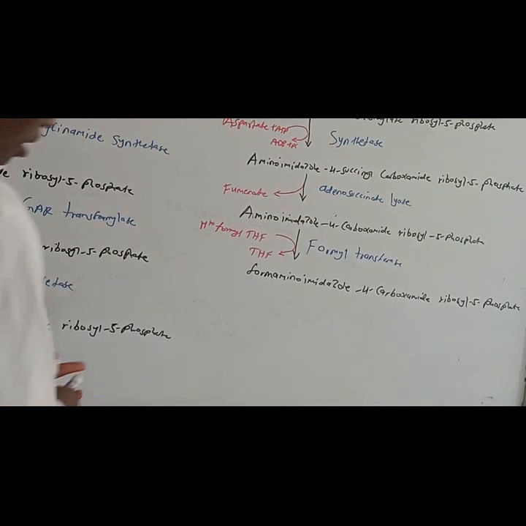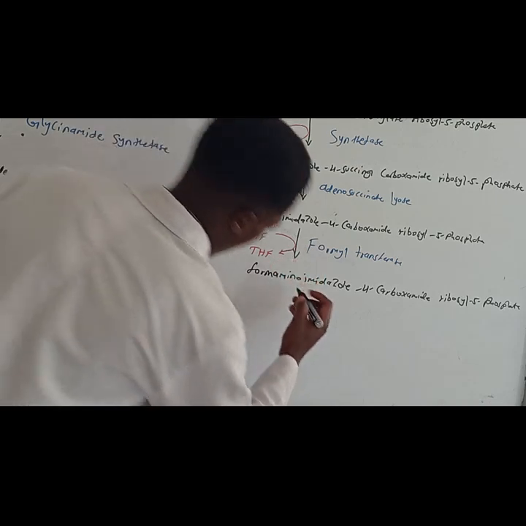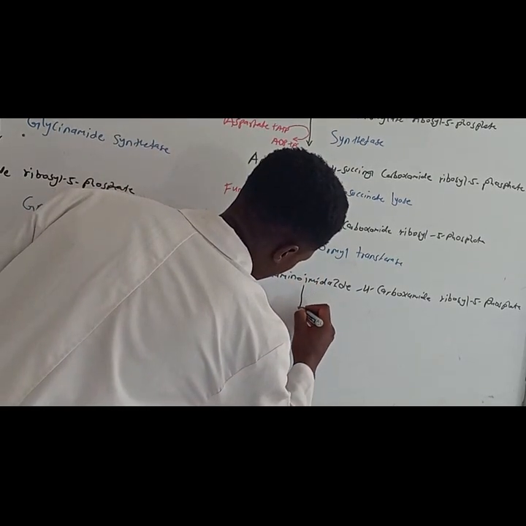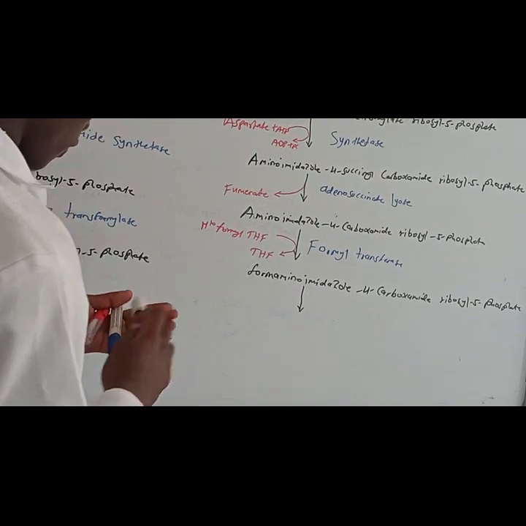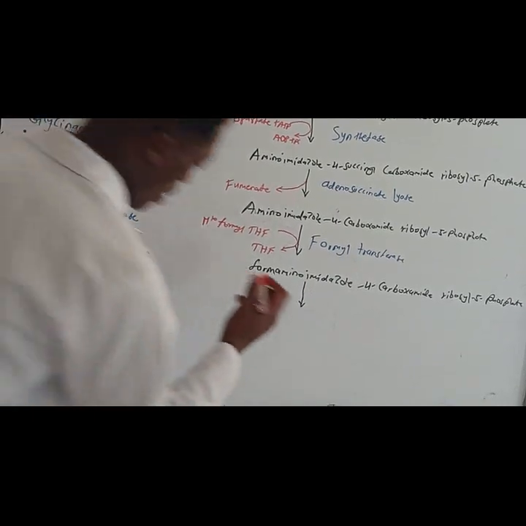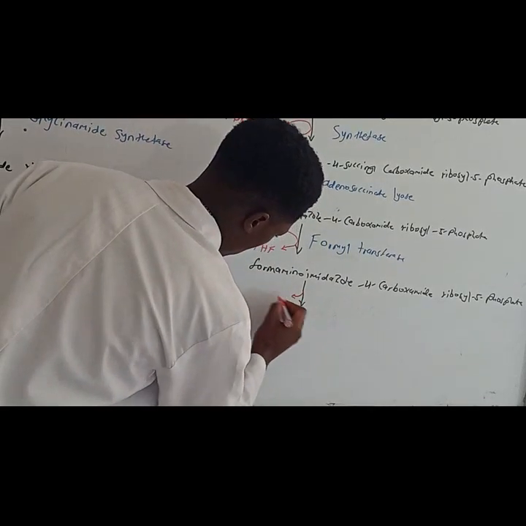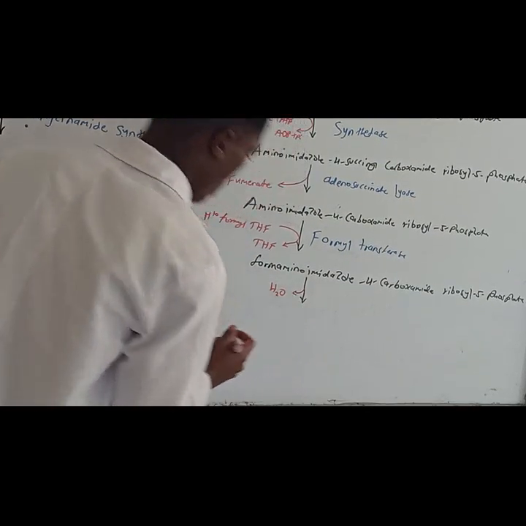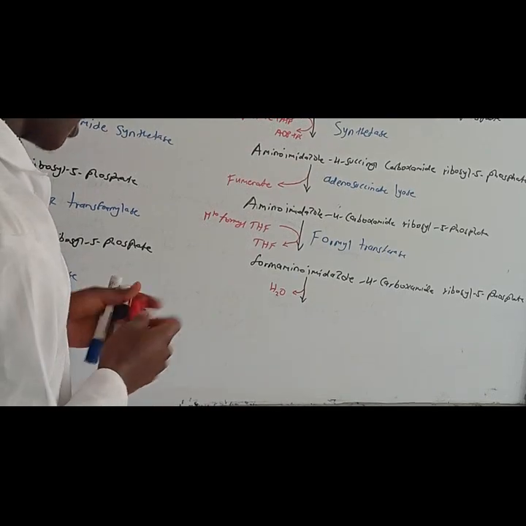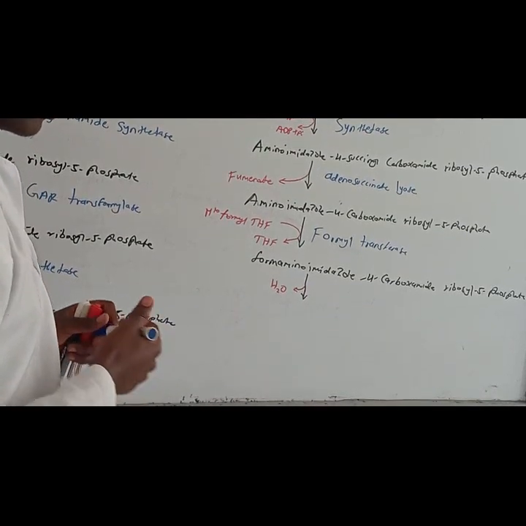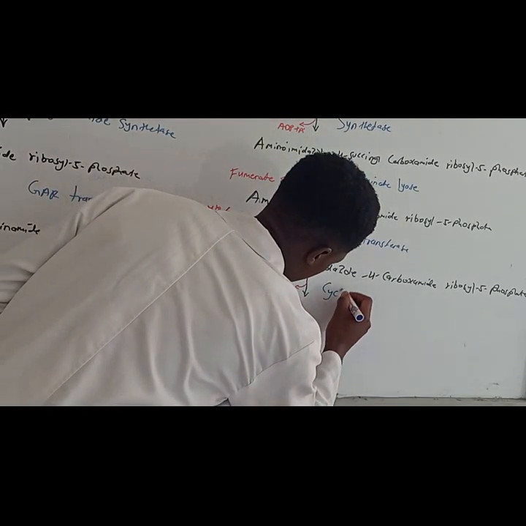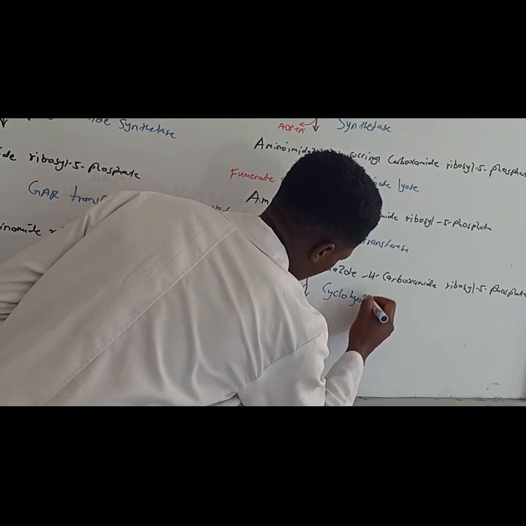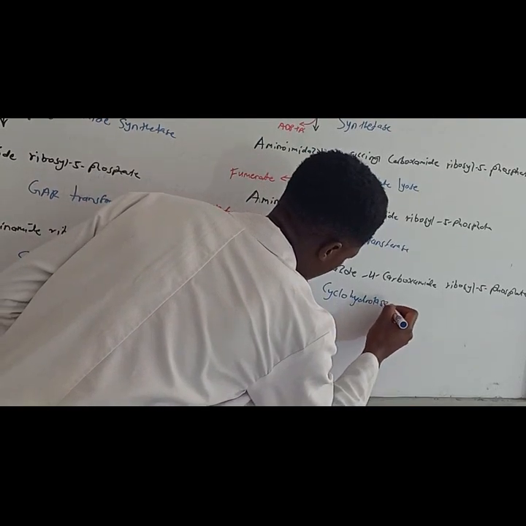Then from there, we are moving down to form a new molecule, and this new molecule is going to involve the release of our water molecule. So I'm going to get rid of our water molecule. This reaction is going to be catalyzed by an enzyme called cyclohydrolase.